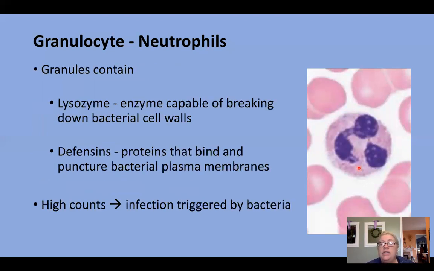The granules that are inside of the cytoplasm that give the cytoplasm this light purpley dotty appearance contain two different chemicals. The first one is a lysozyme. A lysozyme is a type of enzyme that is capable of breaking down bacterial walls.